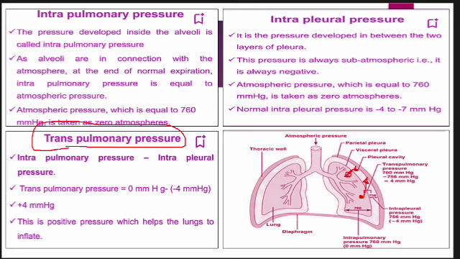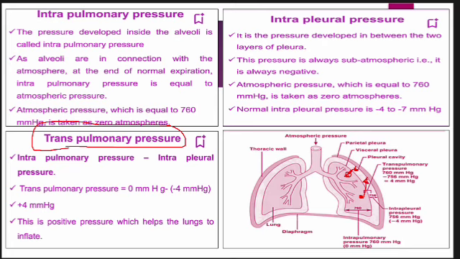What is the value of intrapulmonary pressure? 760 millimeters of what? Mercury. What is the value of intrapleural pressure? 756 millimeters of mercury.